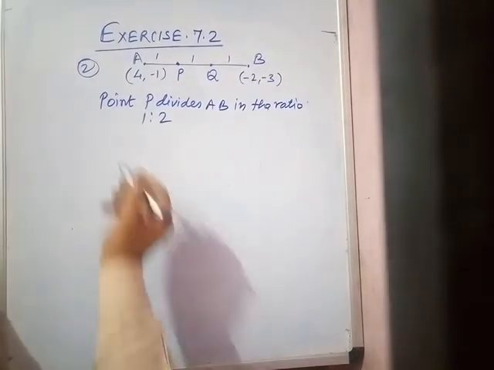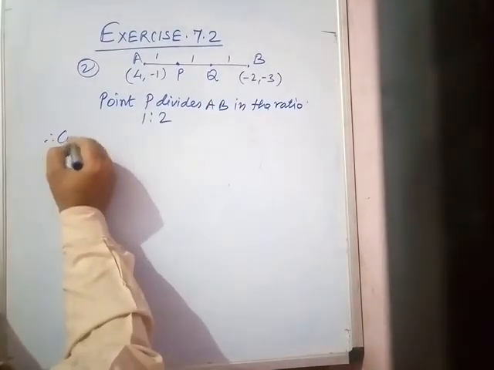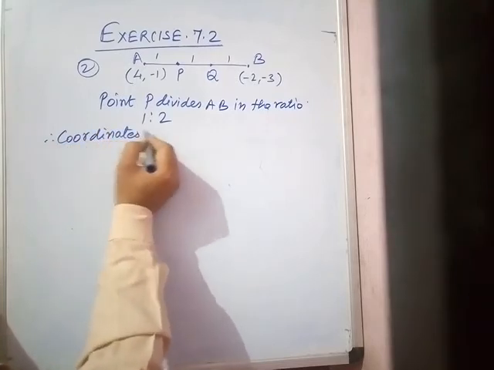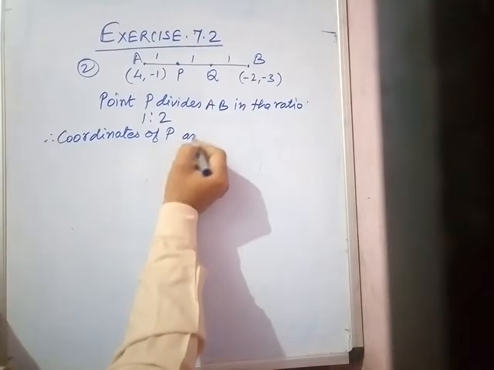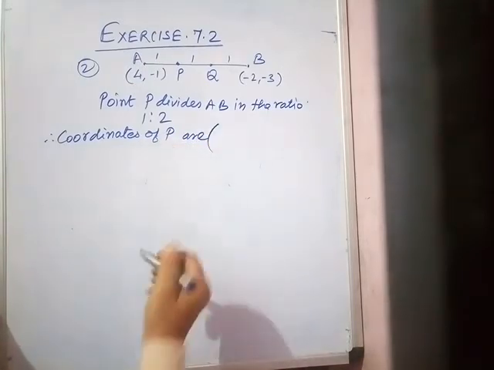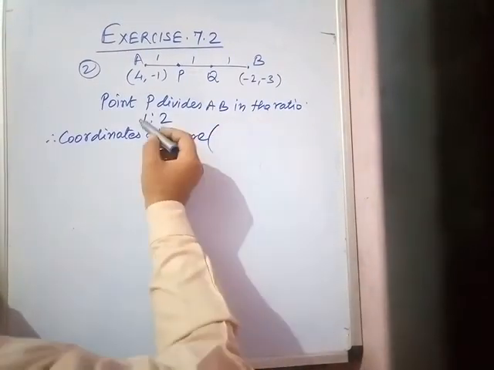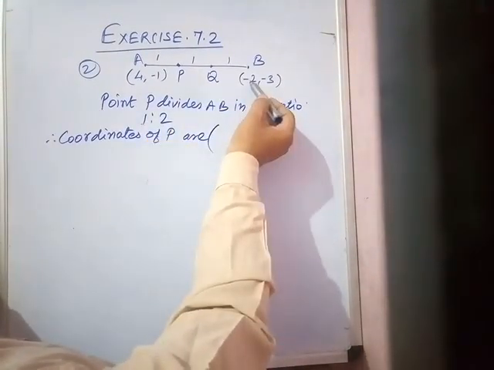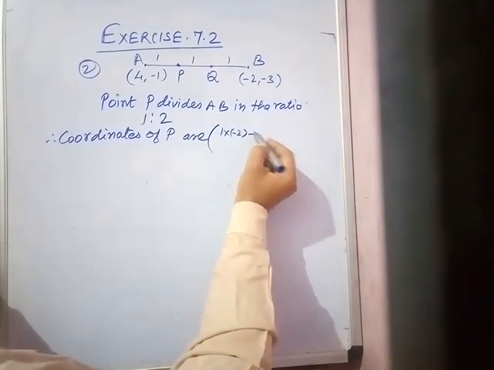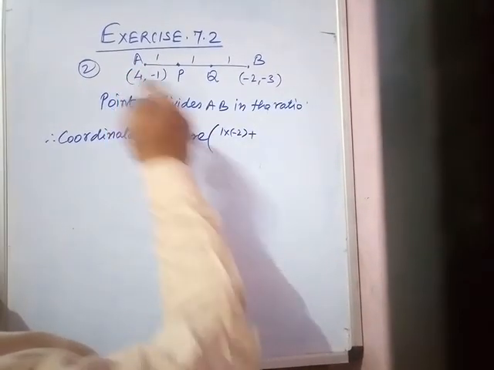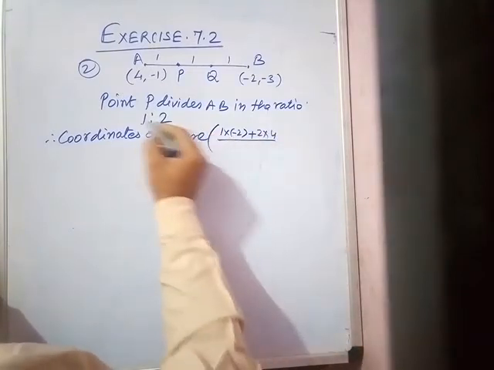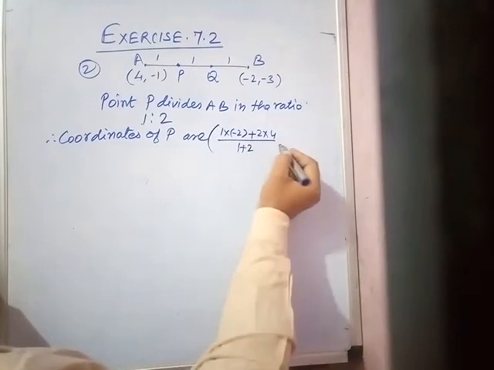Therefore the coordinates of P are, by the section formula, m1 x2, so 1 into minus 2, plus m2 x1, so 2 into 4, upon m1 plus m2.